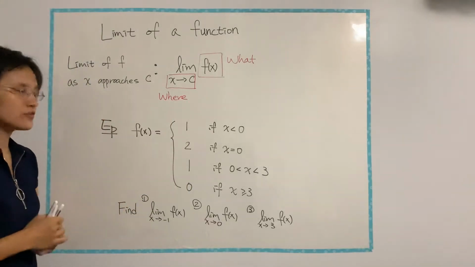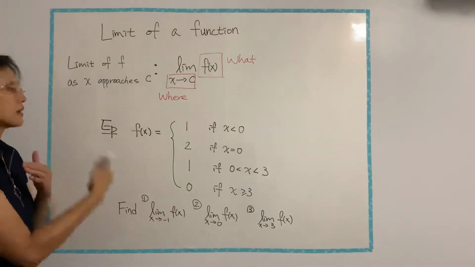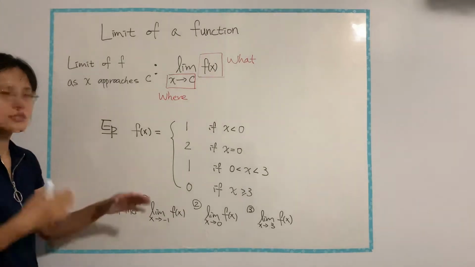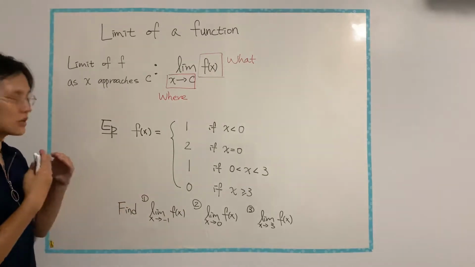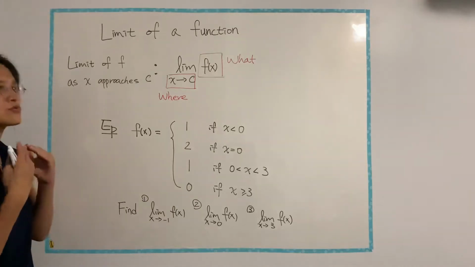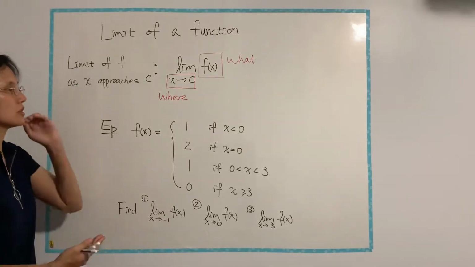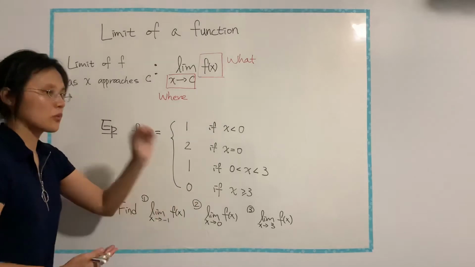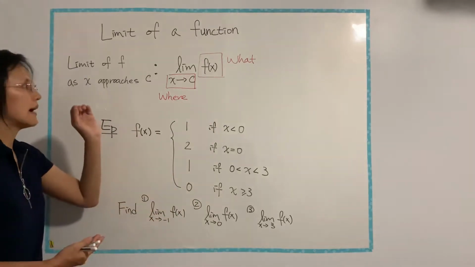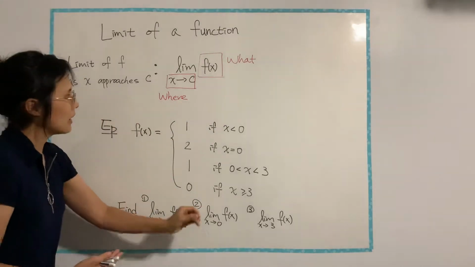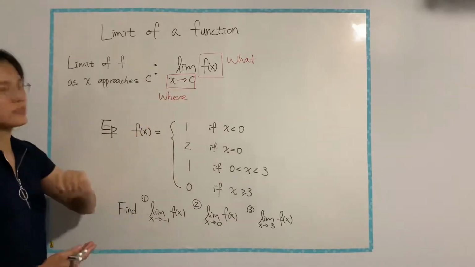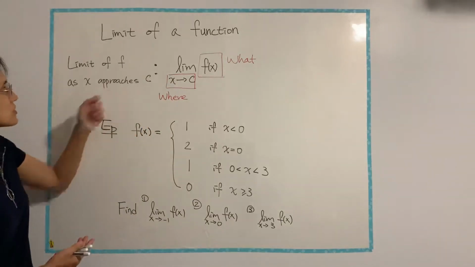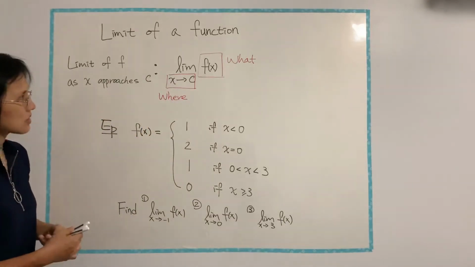Whenever we talk about a limit of a function, that is a very vague idea. If you want to do evaluation, you always have to have the information: the limit of what function, at which point, as x approaches c.